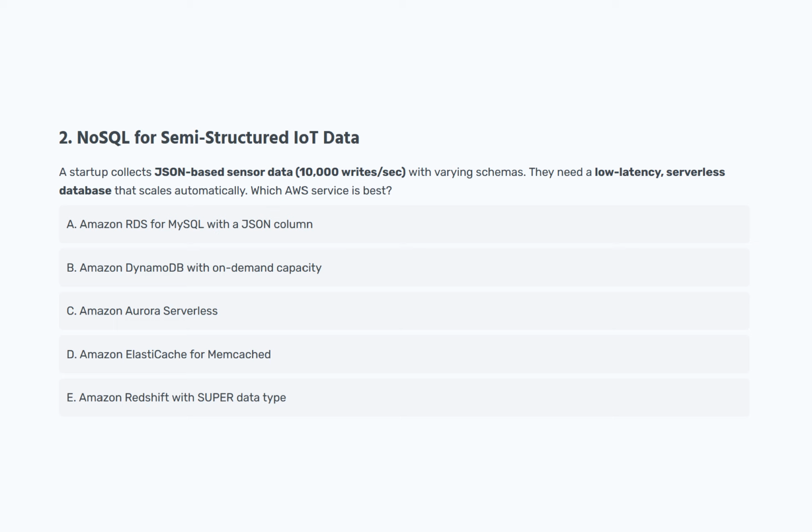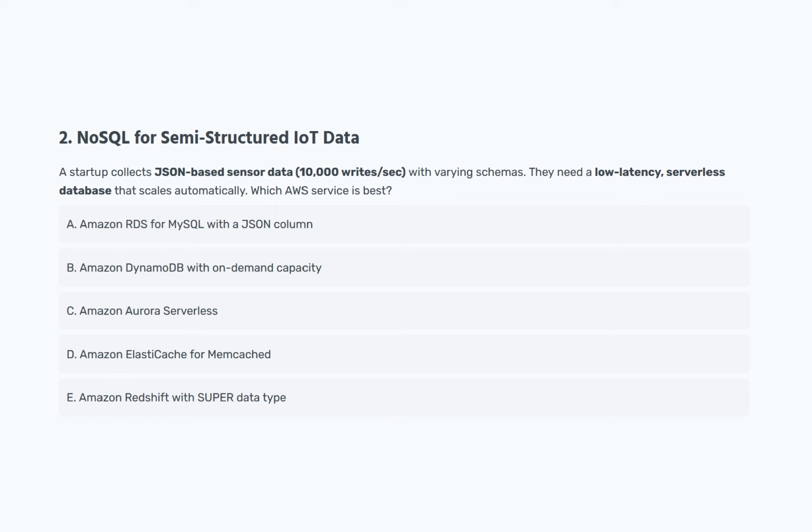Sort of a direct question. I don't think you're going to get these sort of questions, possibly direct questions, but I'm just giving you the idea. I don't expect these sort of easy questions in your exam, right? So NoSQL, semi-structured IoT data, devices sending you data.